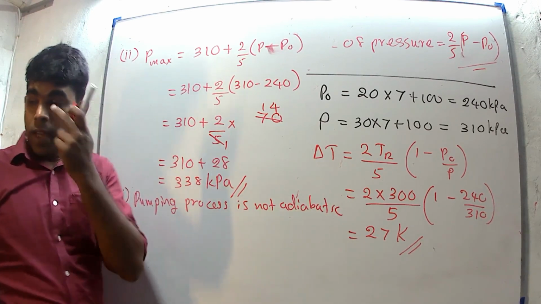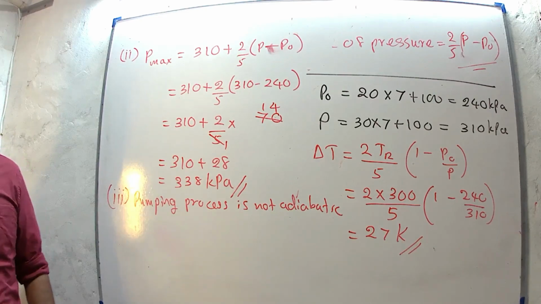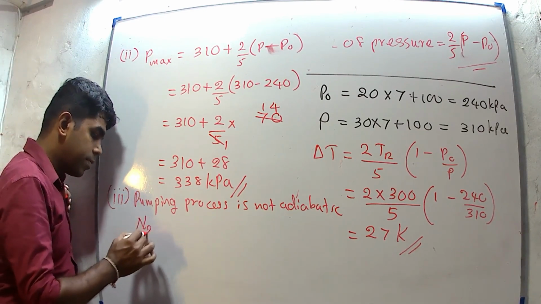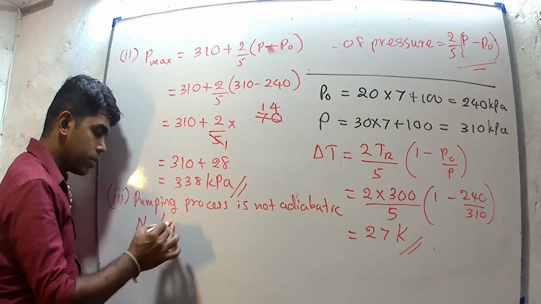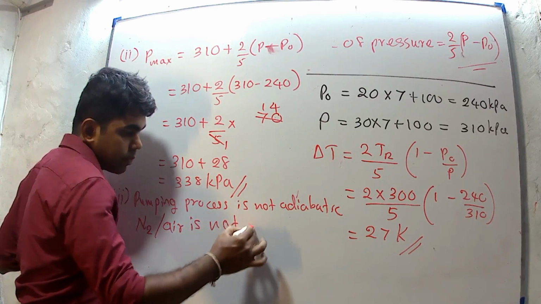And another reason: normal air cannot be considered an ideal gas. Nitrogen or air is not ideal.